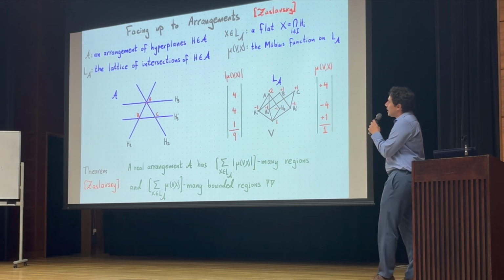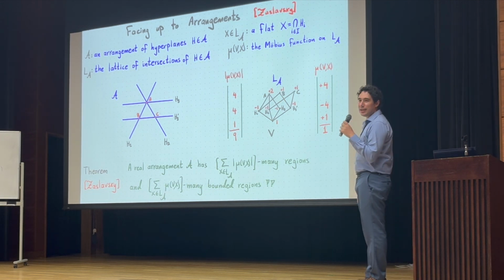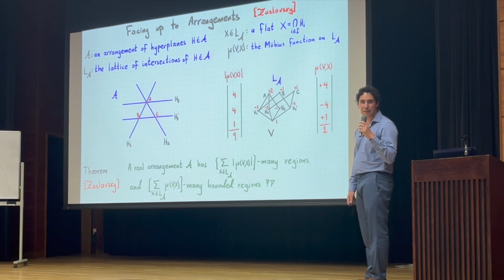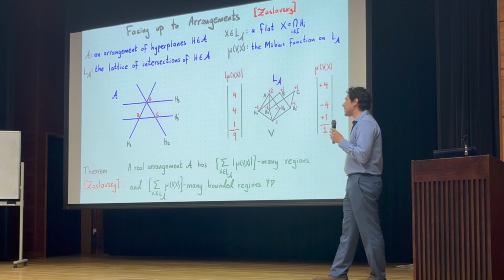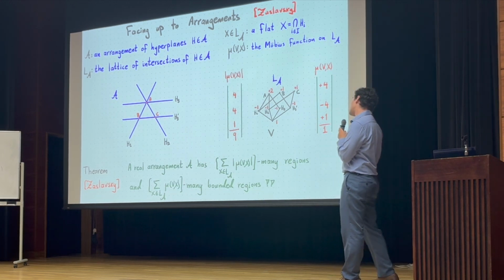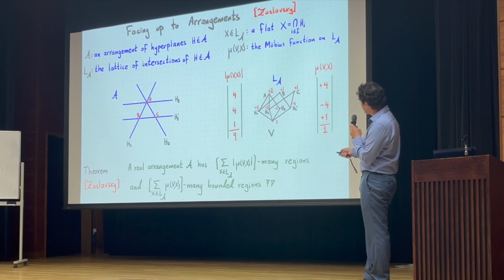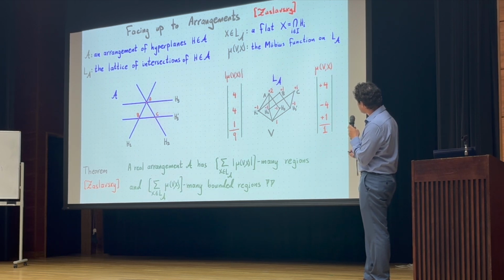Let's see. So, in what is likely one of the best thesis titles in math, Facing Up to Arrangements, Zaslavsky 50 years ago found a way to count regions of hyperplane arrangements. So, you have a hyperplane arrangement here, and you record the incidence patterns of the hyperplanes in the intersection poset. We know how to write the Möbius function of the elements of the poset, we know its rank.